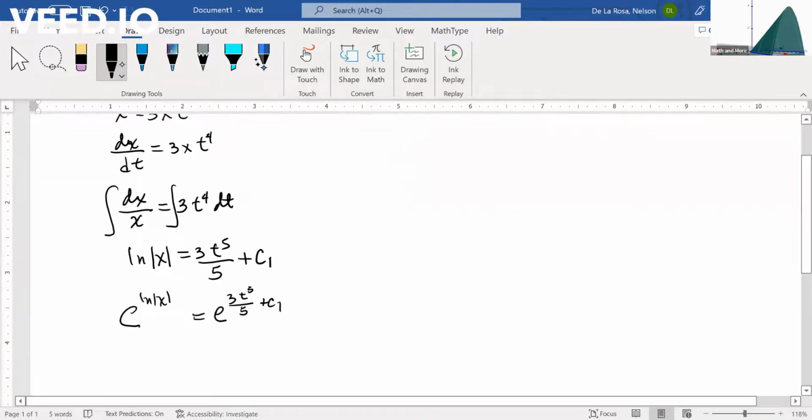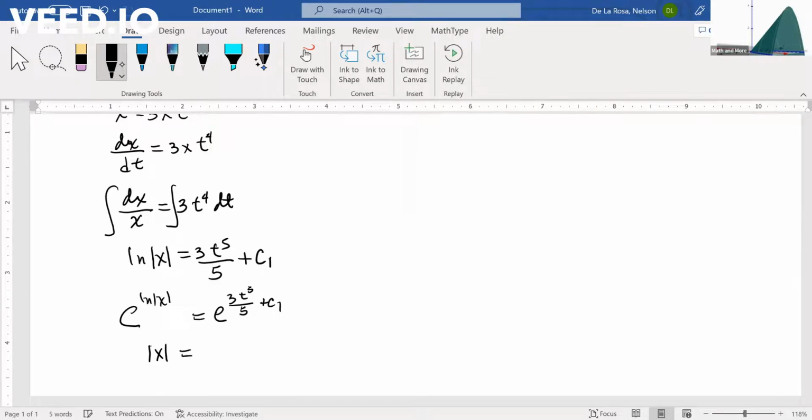And then we obtain absolute value of x equals e to 3 over 5 t to the 5th times e to c1. And then we can state that c2 is equal to e to c1, a way to rewrite this constant.